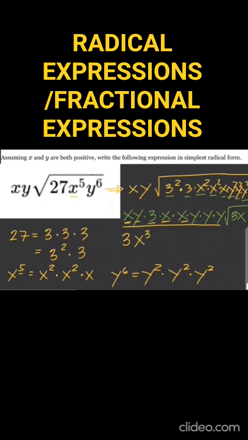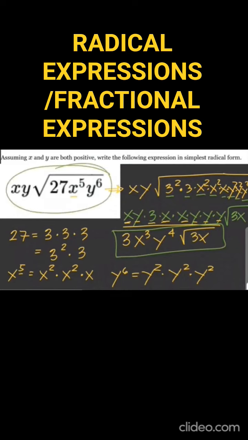Then we multiply y times y times y times y. So we have 4 y's there. So that would be y to the 4th. Then square root of 3x. Alright, so now this is the simplified form of this given expression here.